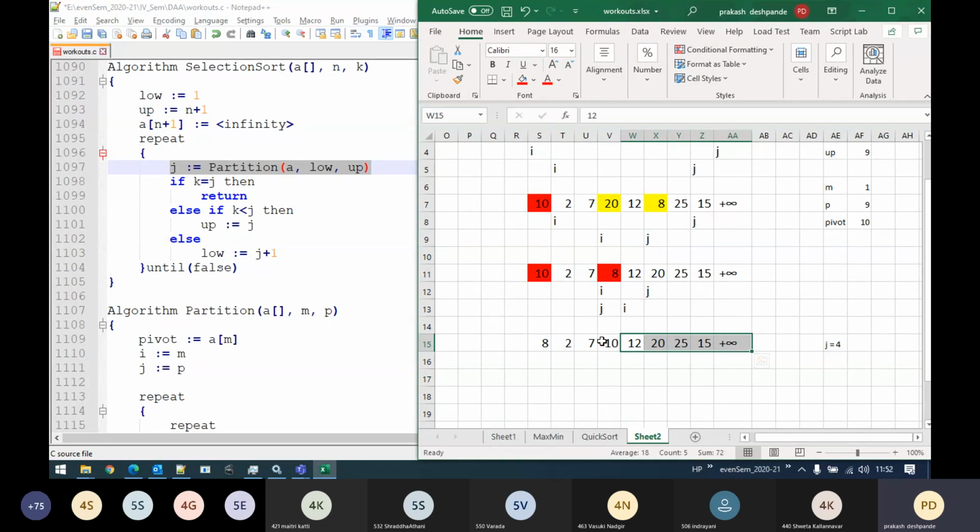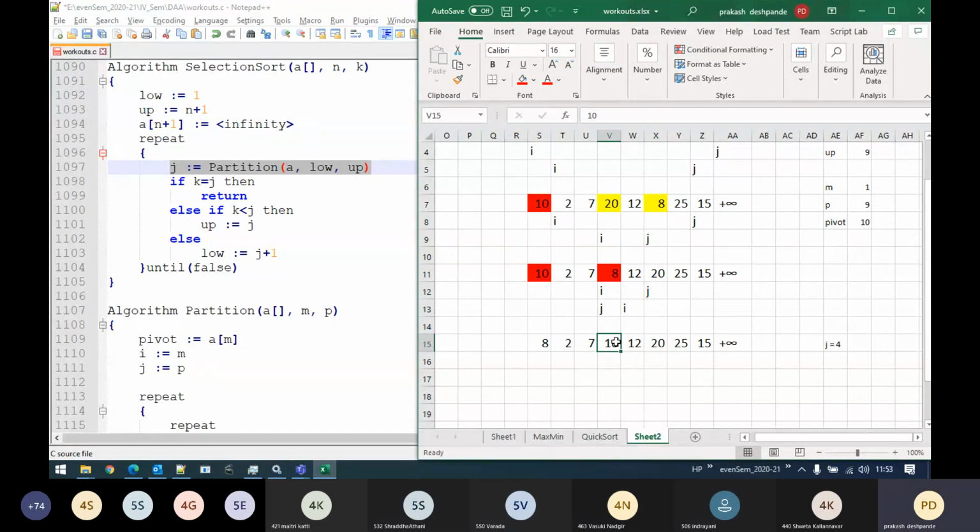We should not look into its left hand side. Also, if you look at this partition, on the left hand side, do you find all the elements smaller than or equal to 10? Yes, sir. And the right hand side elements are all greater than the partitioned element, that is 10. Yes, sir.